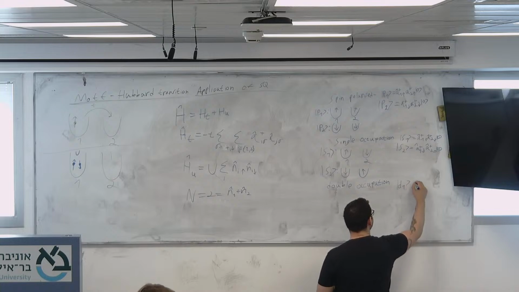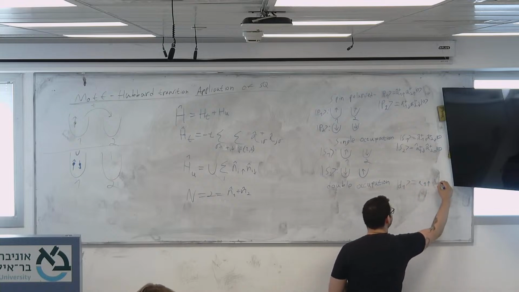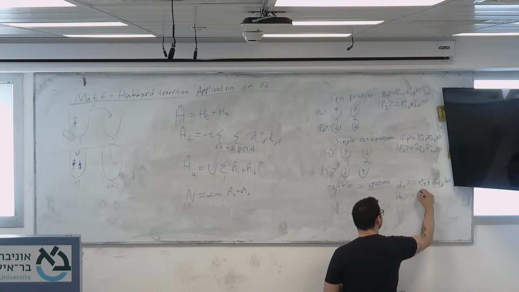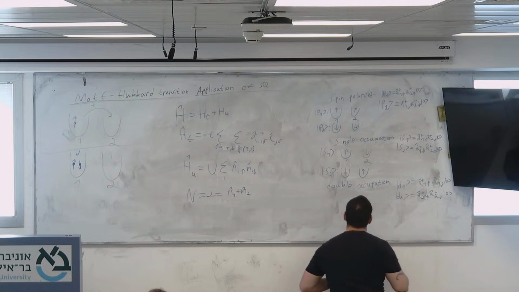Call it D1, A1 up dagger, A1 down dagger on zero, and D2 equals A2 up dagger, A2 down dagger on zero.